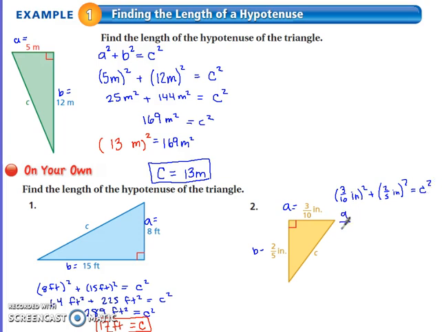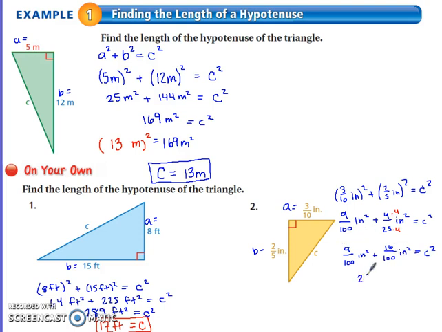This simplifies to 9 over 100 square inches plus 4 over 25 square inches. I will find the common denominator of 100 by multiplying by 4s in that 4/25 fraction. So I've got 9 over 100 square inches plus 16 over 100 square inches is equal to c squared.